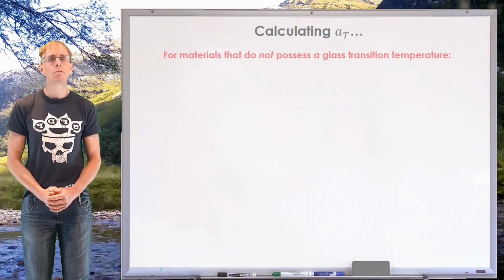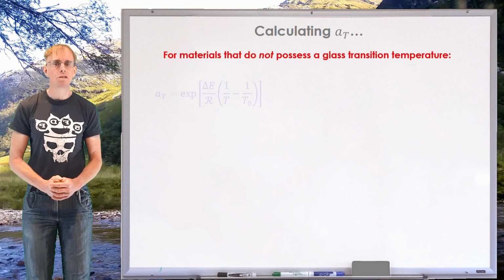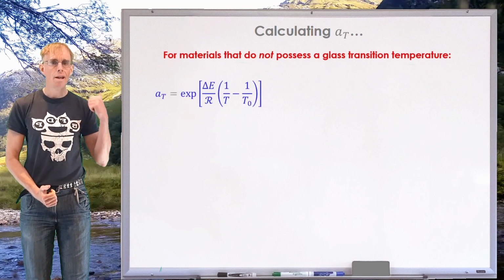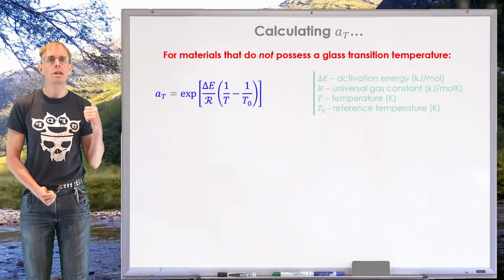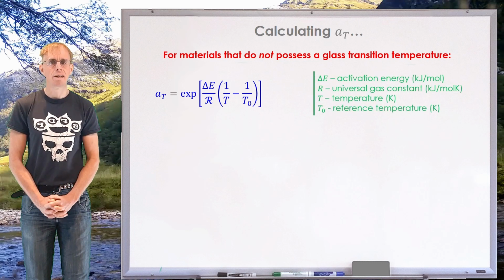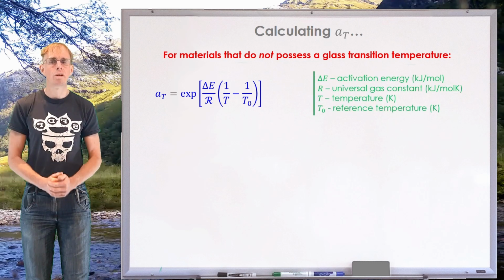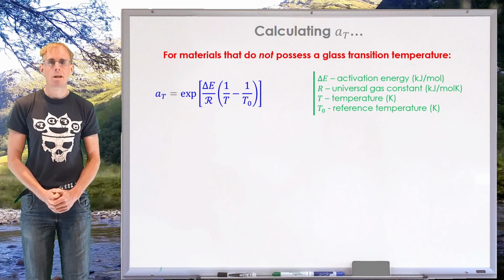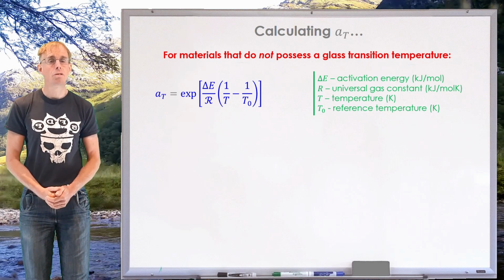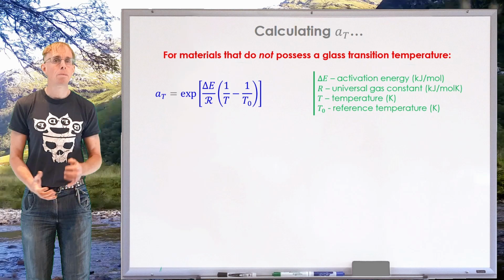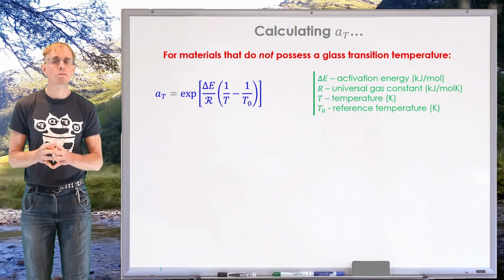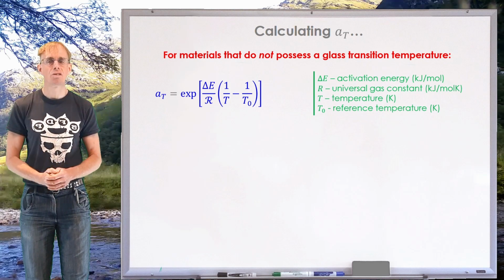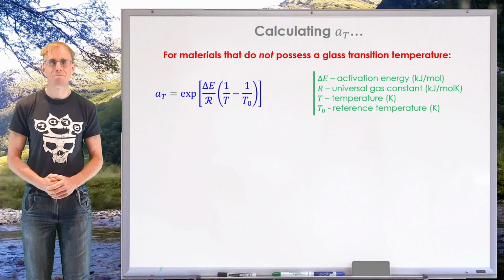So if you are dealing with a polymeric system that doesn't have a glass transition temperature, there on the board is one way that you can calculate that shift factor AT. Now, it depends on a number of parameters. It depends on an activation energy, delta E. It depends on the universal gas constant, script R. And it also depends on the difference between the reciprocal of the temperature of interest and the reference temperature.